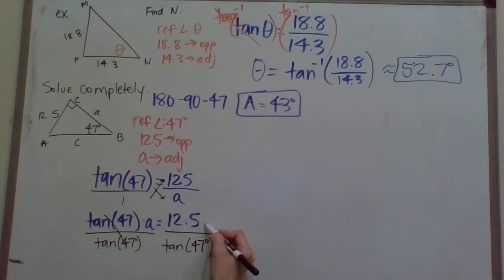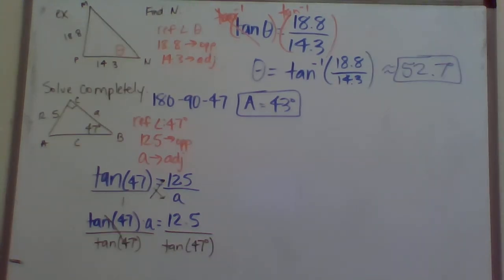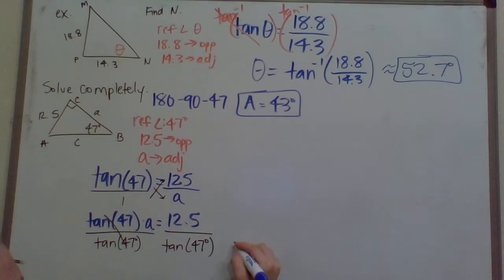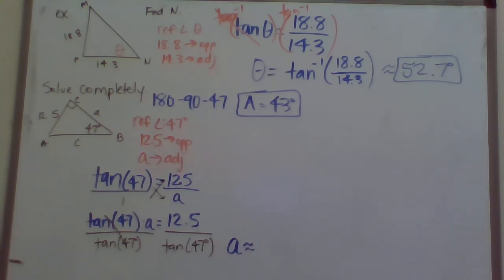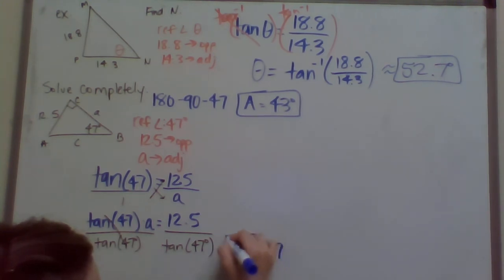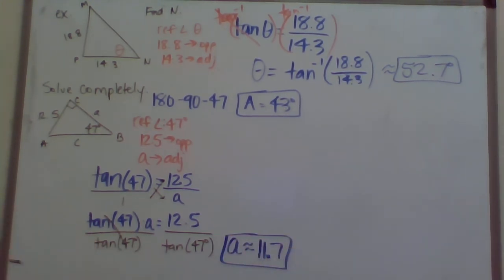And when you divide 12.5 by the tangent of 47, you should end up with the answer for A, which again we're going to be rounding to the nearest tenth, is 11.7. So there's another value for A.